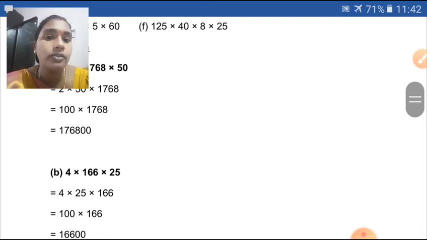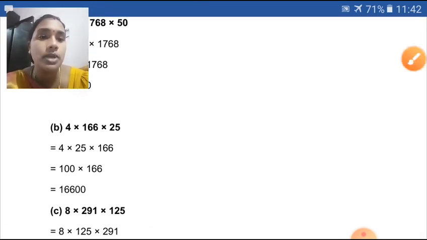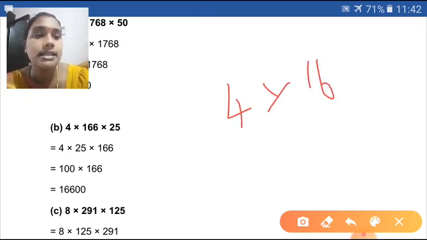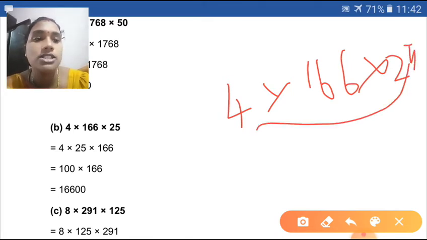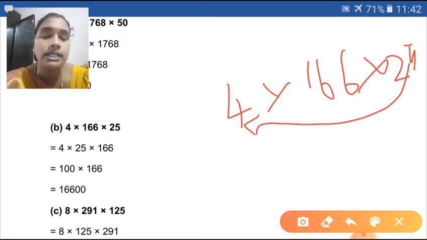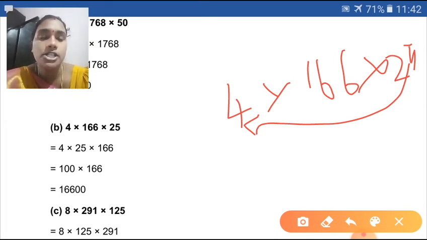The next sum is 4 into 166 into 25. 25 into 4, as you know, is 100. I told you, right? When you multiply any number by 100, it will not take much time to finish the sum.